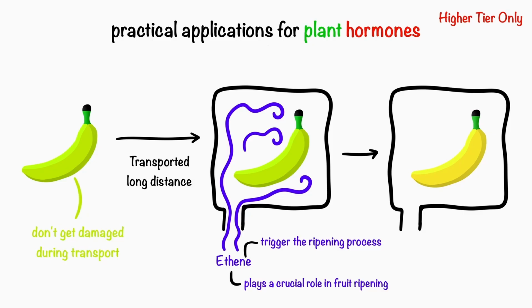Ripening can also be delayed by storing fruit in conditions that block ethene's effect or reduce the amount of ethene the fruit can produce. This extends the shelf life of many fruits. Understanding plant hormones has revolutionized agriculture and horticulture. By controlling these natural chemical messengers, we can influence how plants grow, when they flower, and how quickly fruits ripen.